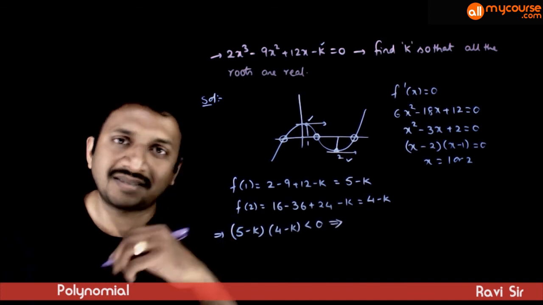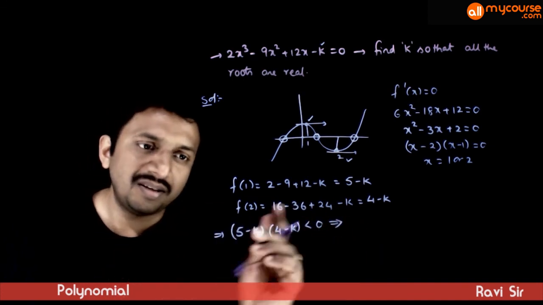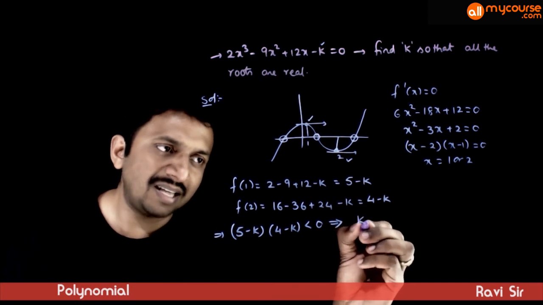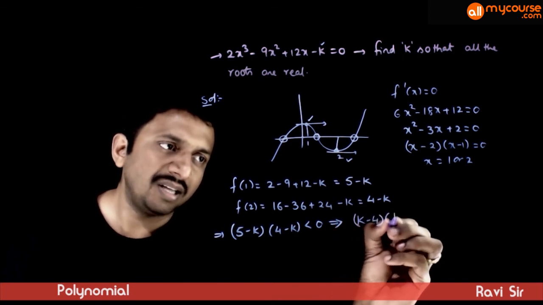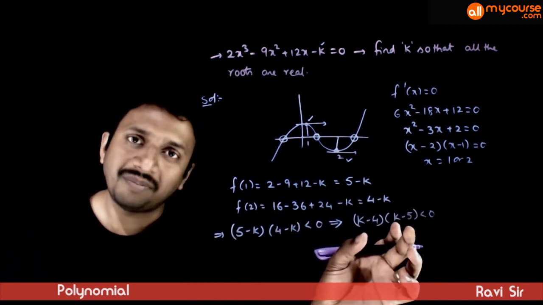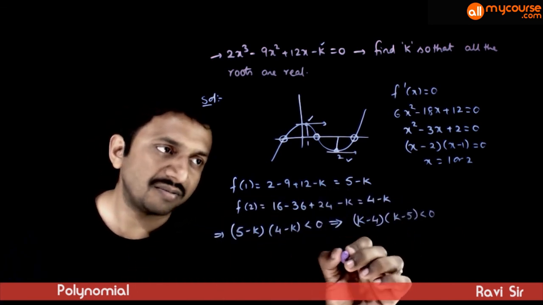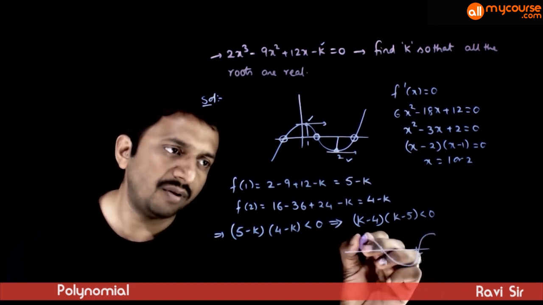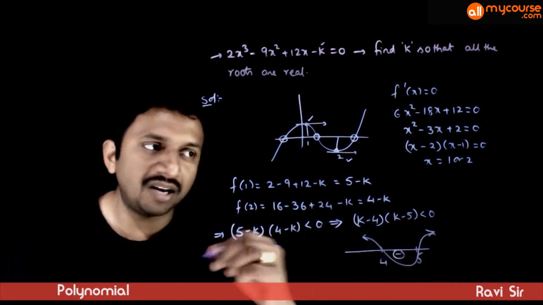This implies 5 minus k into 4 minus k is less than 0. This implies k minus 4 times k minus 5 is less than 0. So from wavy curve analysis, 4, 5, wavy curve looks like this. So I want the negative interval.